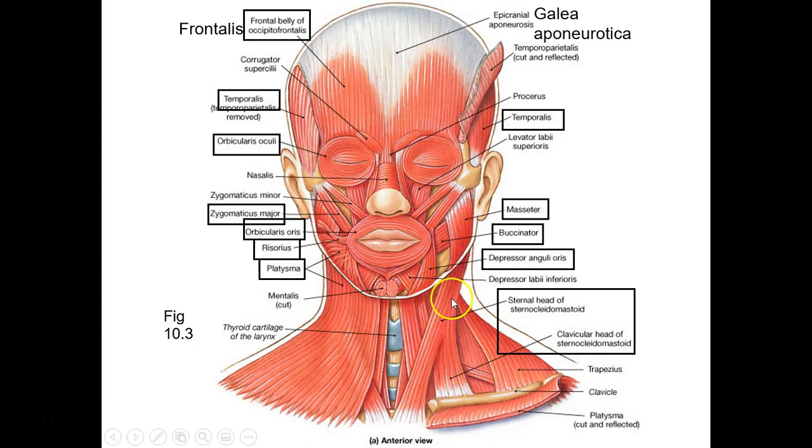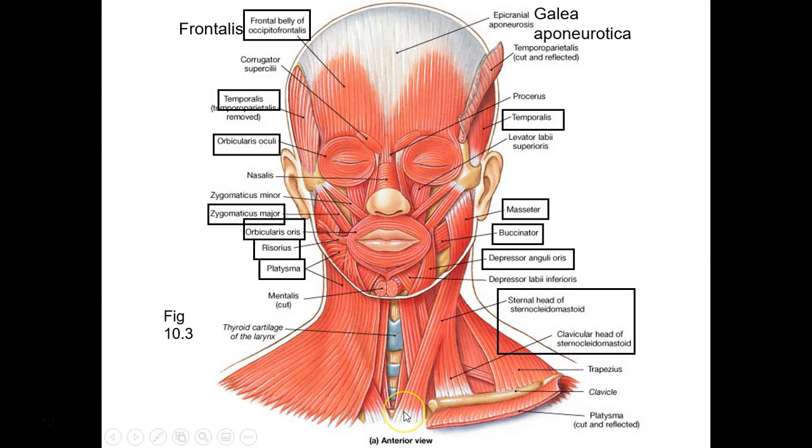I generally don't put that. I keep your actions fairly simple on the test. So I'd go, you activate both of your sternocleidomastoids at the same time. What action occurs? Then you go flex the neck, right? All right. Now, I love it when they name stuff like this.